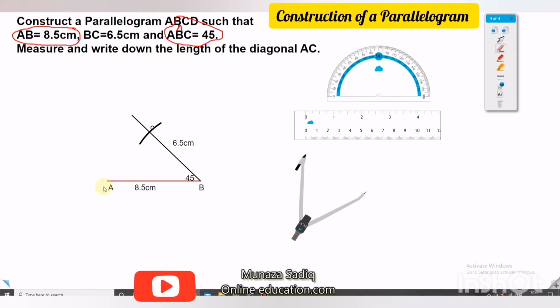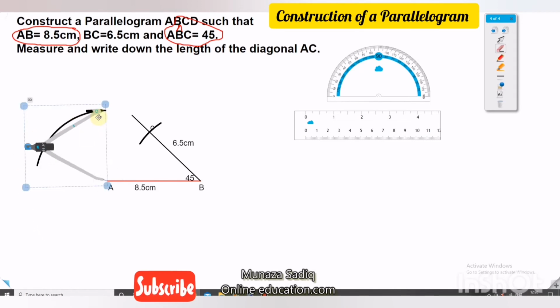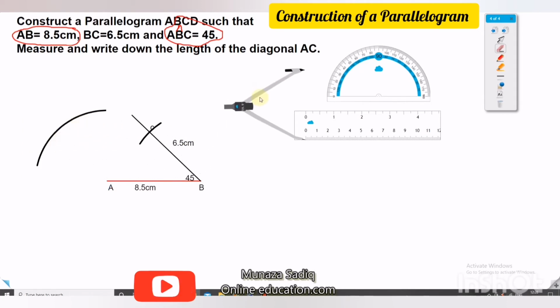So opposite sides are equal. So from point A, draw an arc of 6.5 centimeters. AB is parallel to CD, so we will open 8.5.